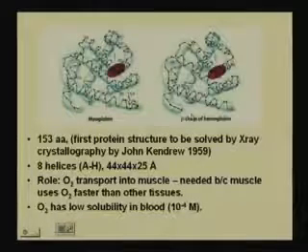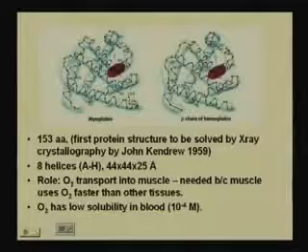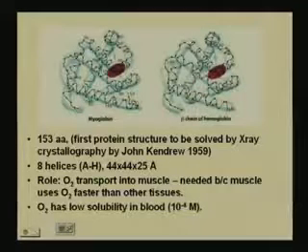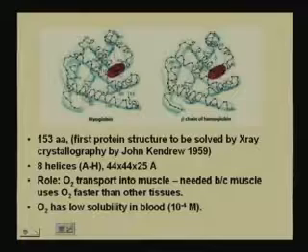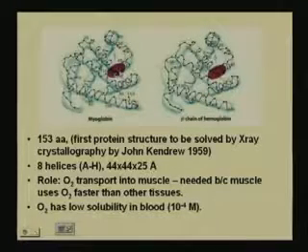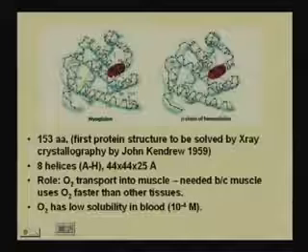It has 2 alpha chains and 2 beta chains. If you look at the beta chain, it has a very similar structure to myoglobin, and this is the heme portion of the molecule.